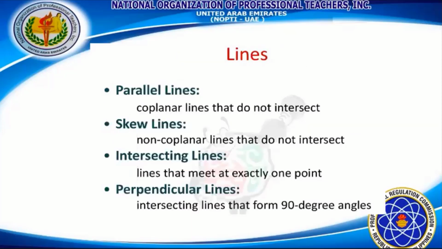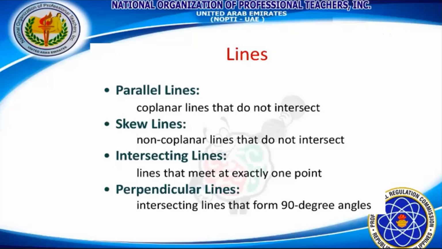What are the types of lines? Parallel lines. Coplanar lines that do not intersect. Parallel. Yung hindi nagmi-meet. Skew lines, non-coplanar lines that do not intersect also. Pero skewed lang siya. Intersecting lines, nag-i-intersect, ibig sabihin, lines that meet at exactly one point.